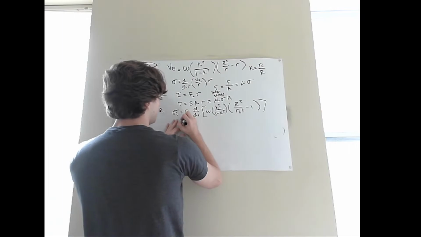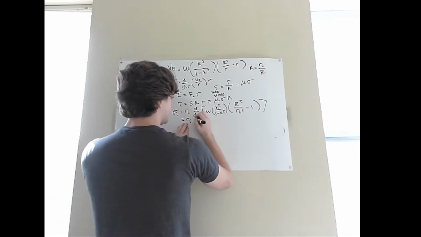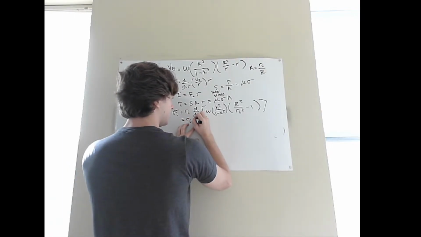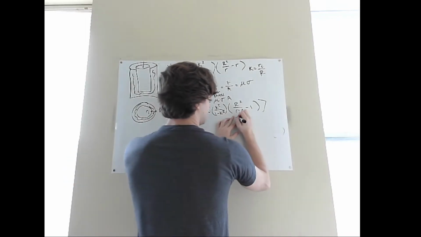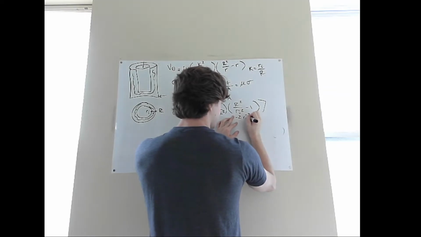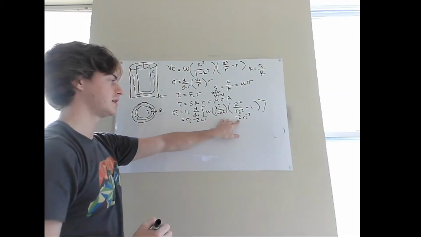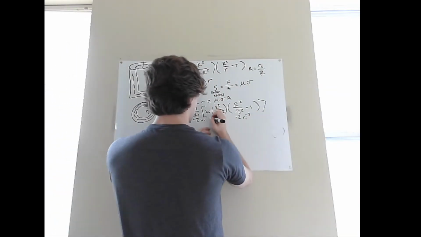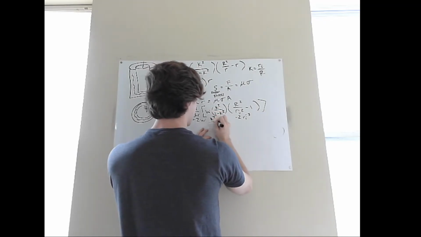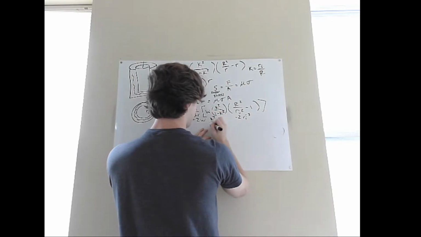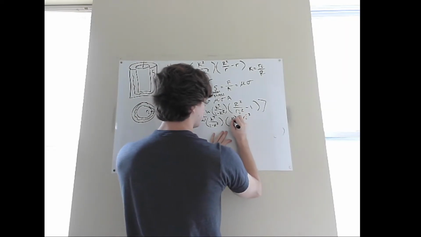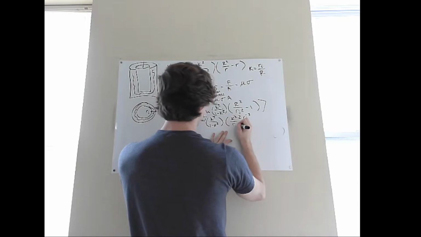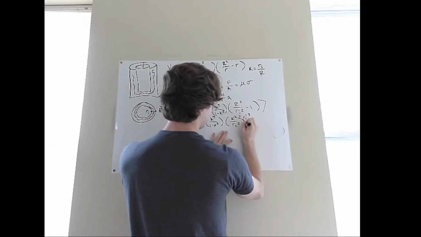So I'm going to go ahead and rewrite this. It will be negative 2 omega, because this is negative 2 times r to the negative 3. So I just pulled that negative 2 out front, times k squared over 1 minus k squared times r squared over r I squared.